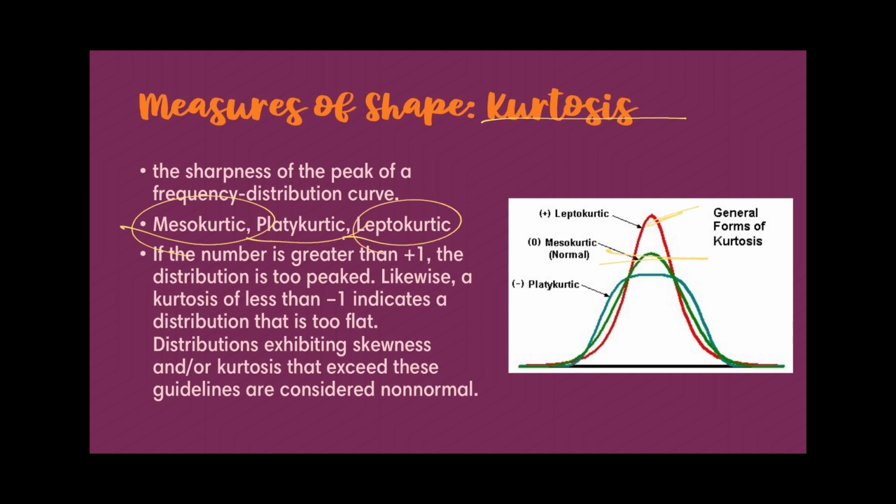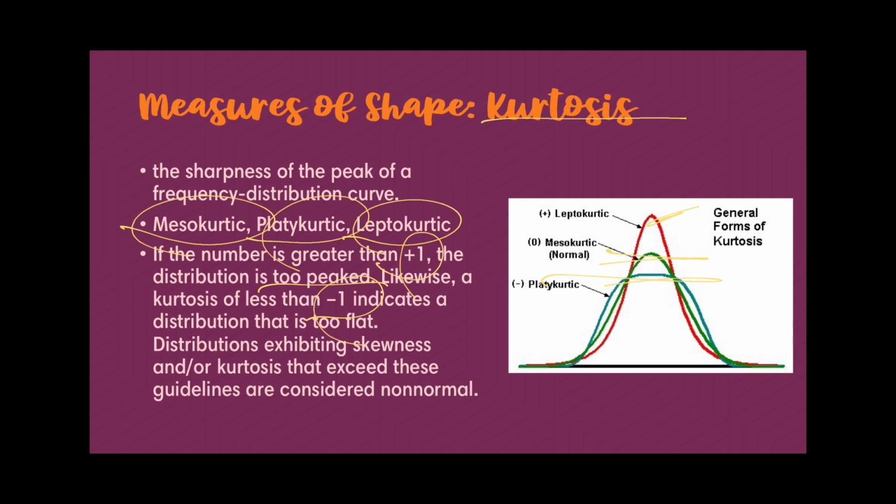And then we have platykurtic, where it's more flat. Very similar to how we interpret skewness, if it's greater than +1, then the distribution is too peaked. If it's less than -1, the distribution is too flat. And the closer it is to 0, the better, the more mesokurtic it is.